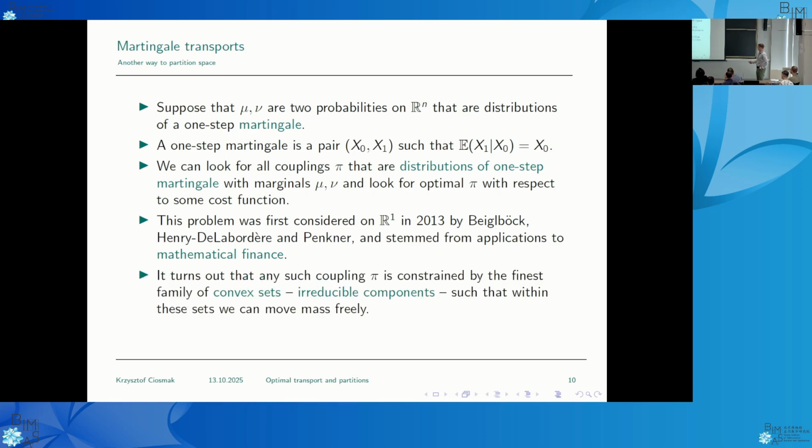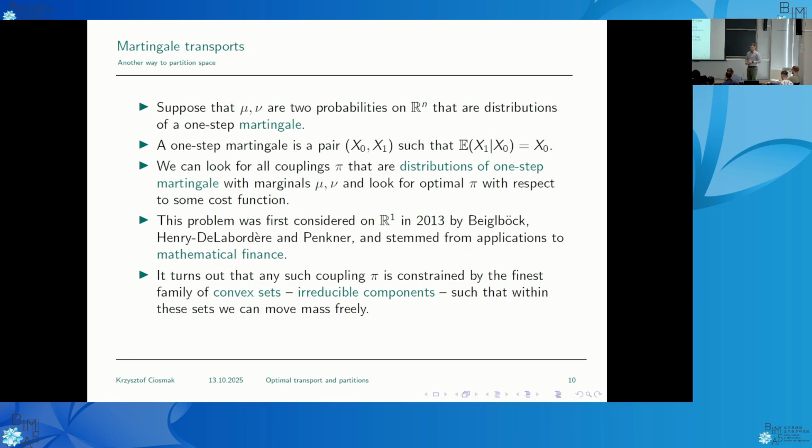in high dimensions. So one of the most interesting results in this theory is that there exists a partitioning of the space into so-called irreducible components, which are convex sets, and they have not only the property that any martingale transport is constrained by this set, but also within this set, we can move mass by such martingale transport from wherever to wherever we want.